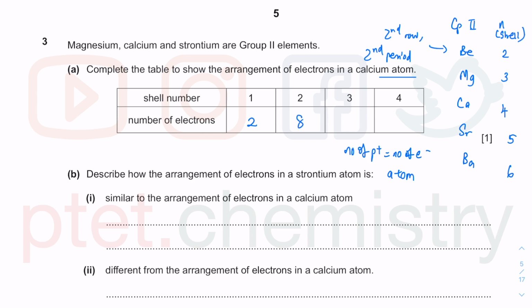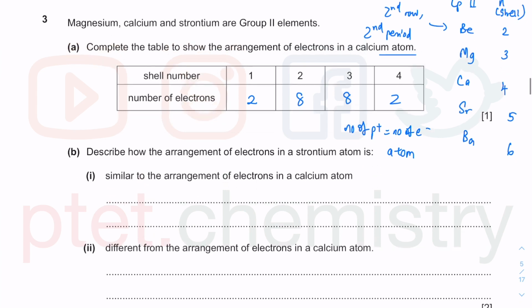You still haven't reached your target, which is calcium. Sodium all the way to argon is another 8 electrons. Now you're at argon, and you're very close to calcium, but you fill in the new shell, the fourth shell. Group 1 potassium and then group 2 calcium, just 2 electrons to get there. 2 plus 8 is 10, plus 8 is 18, plus 2 is 20. There are 20 electrons in an atom of calcium because there are 20 protons in an atom of calcium.